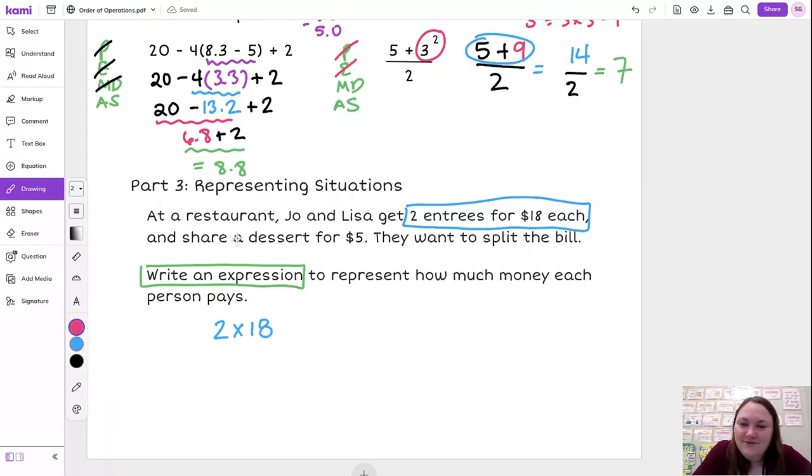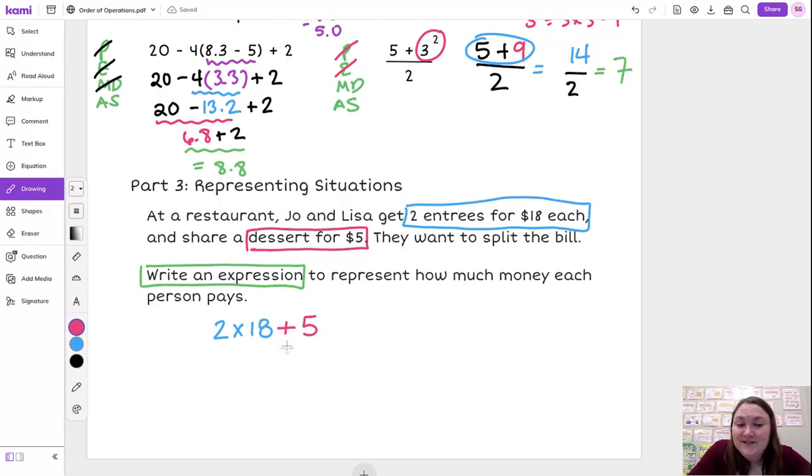They also are buying a dessert for $5, and that's just one dessert. So if I want to know the total money they pay, it's $18 times 2 for the food, and they also pay $5 for the dessert. Notice in my expression, I'm not writing any answers, I'm only writing the math I need to do.